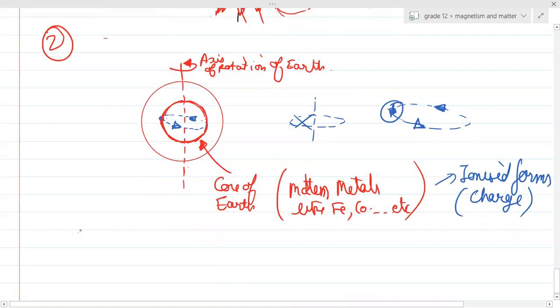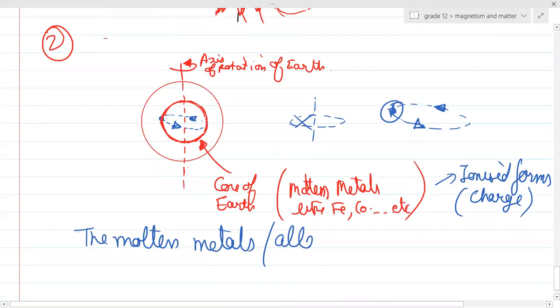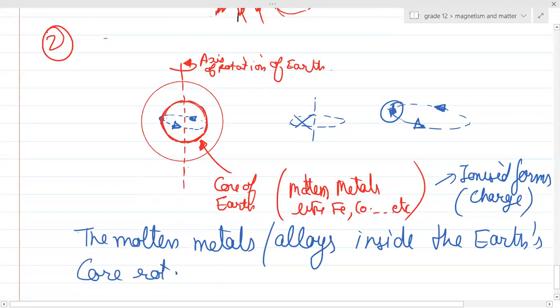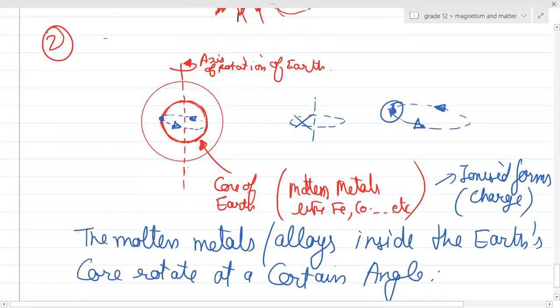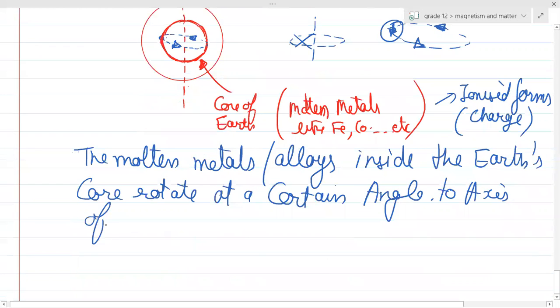So you can write this theory as: the molten metals or alloys inside the Earth's core rotate at a certain angle to the axis of rotation of Earth.